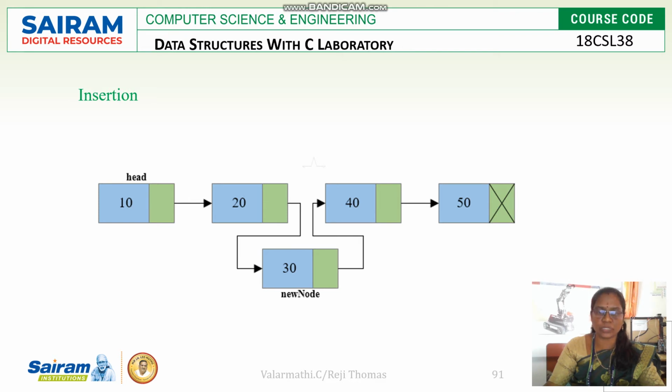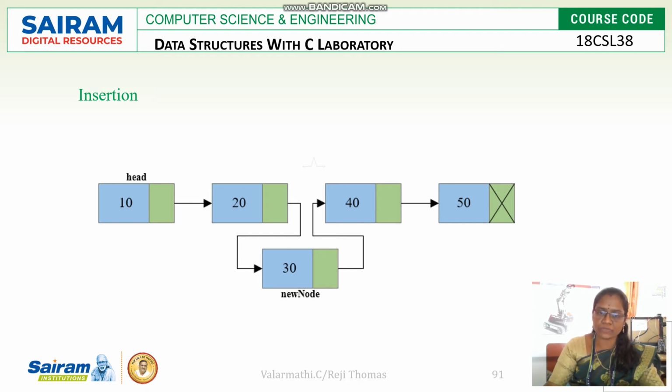First, we should remove the link from the next part of the previous node, that is node 20, and the next part of node 20 should be connected to the address of the new node.